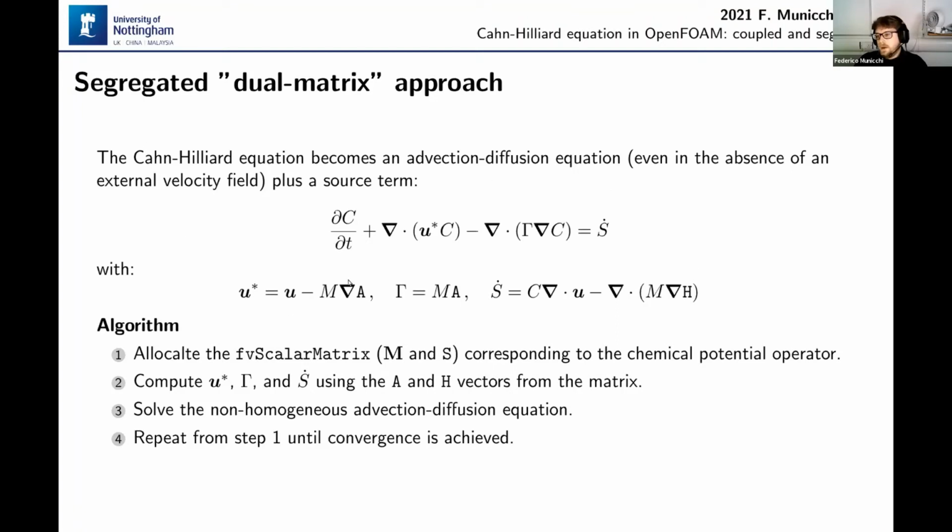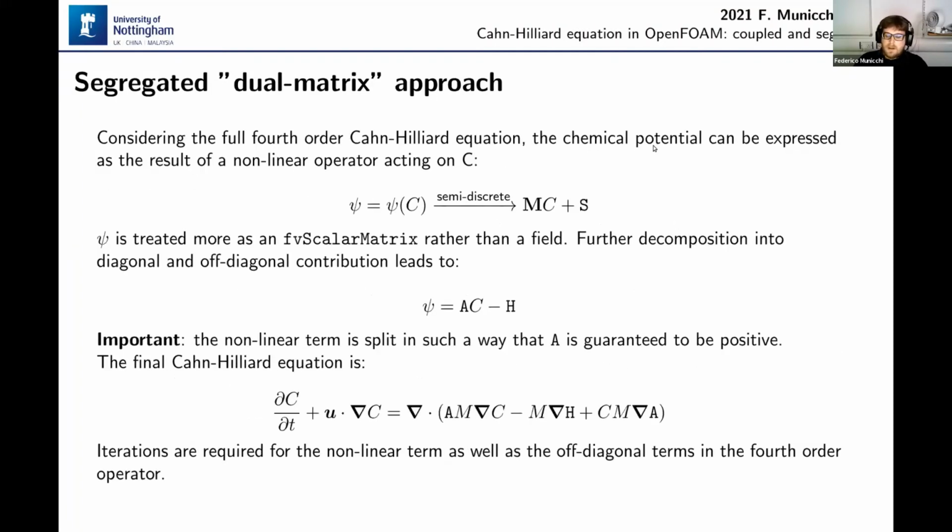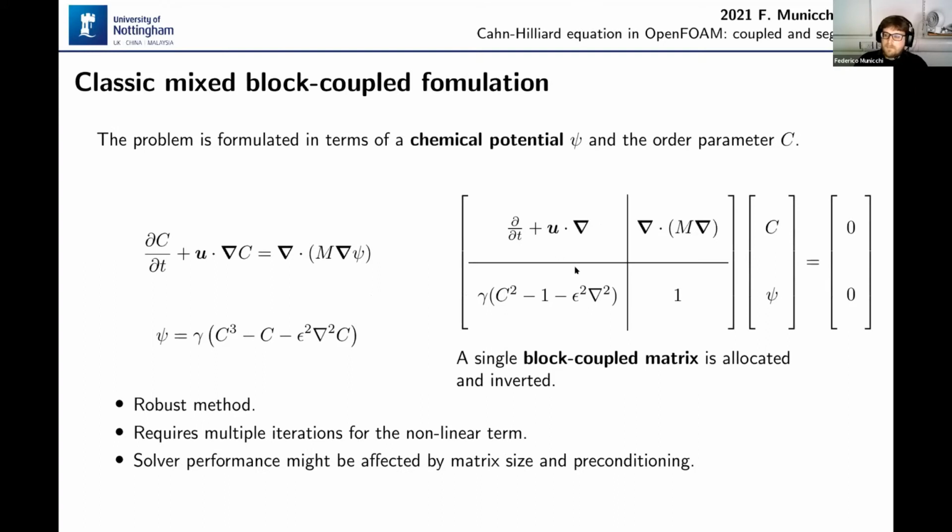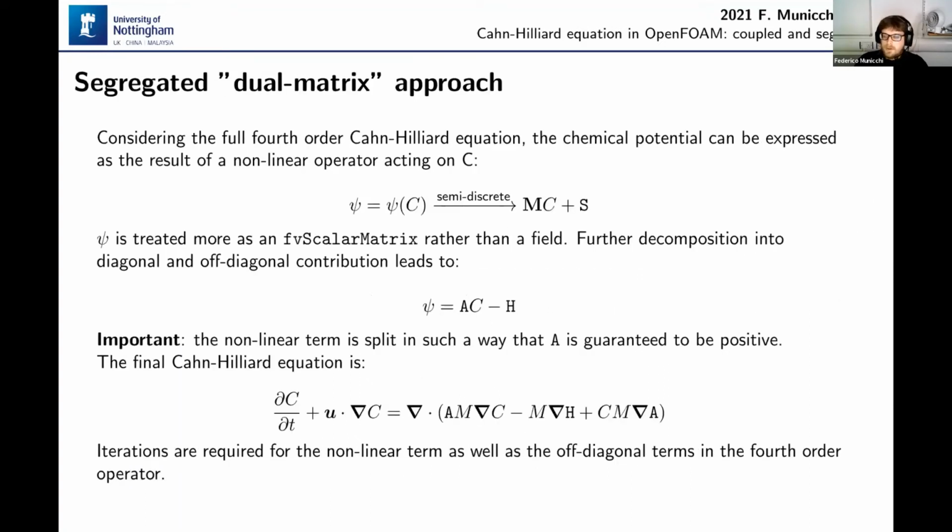And then you have to reiterate in order to have the convergence of the nonlinear terms, and also the convergence of this H term, which contains also the off-diagonal components of the first Laplace operator. So it's an alternative way of discretizing the fourth order operator, keeping only the local stencil implicit as much as possible, and whatever is outside, making it explicit.